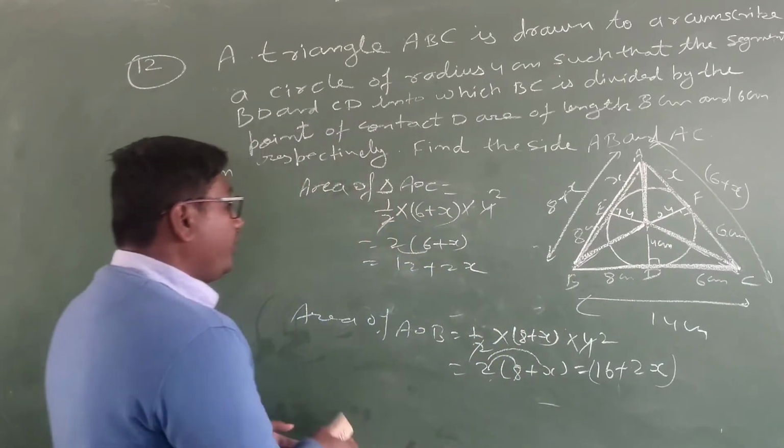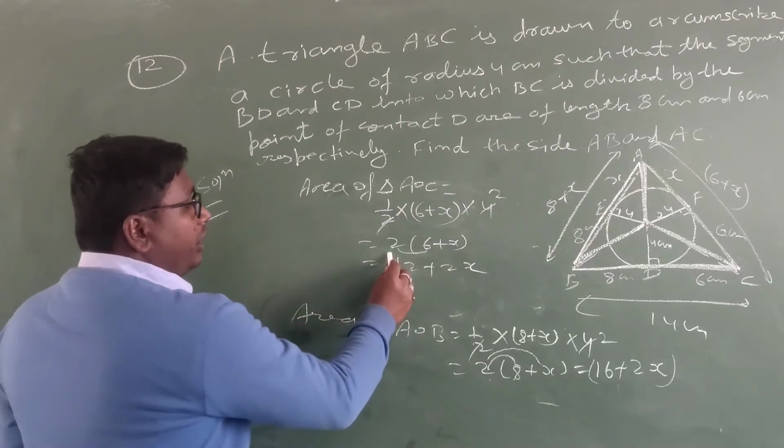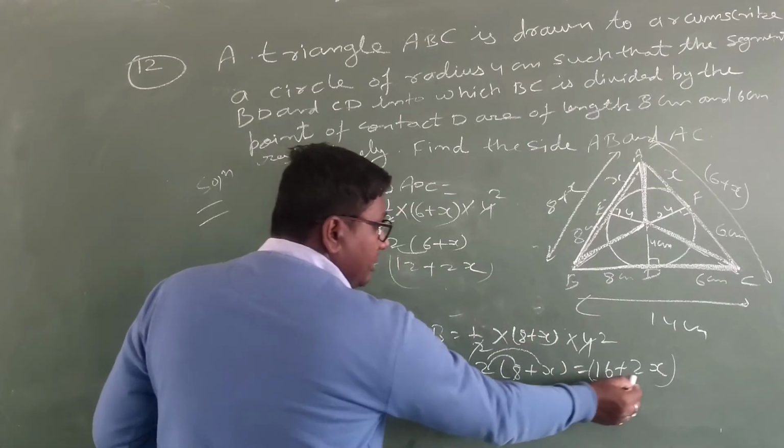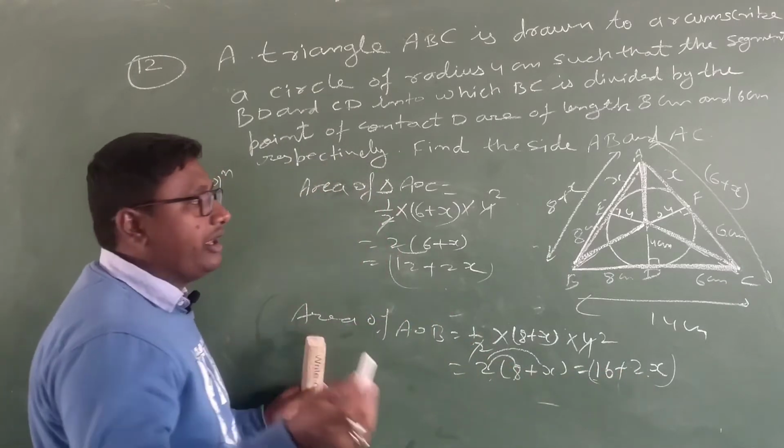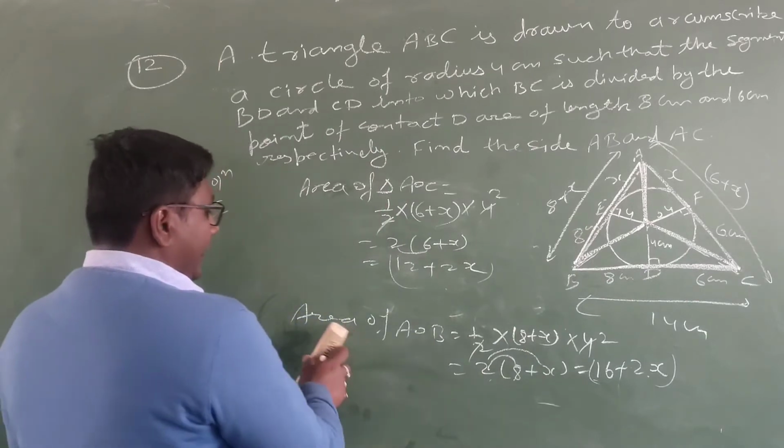Now we can write the area of triangle ABC is equal to 12 plus 2x, 16 plus 2x and plus 28, because we have got the area of BOC is equal to 28.